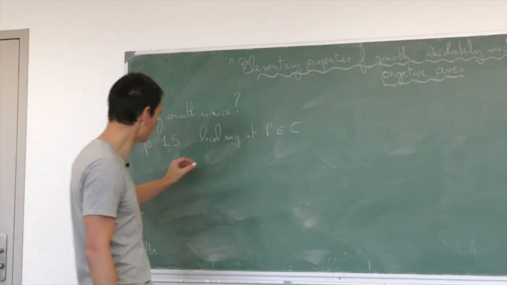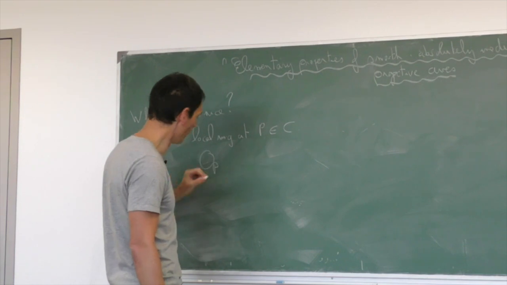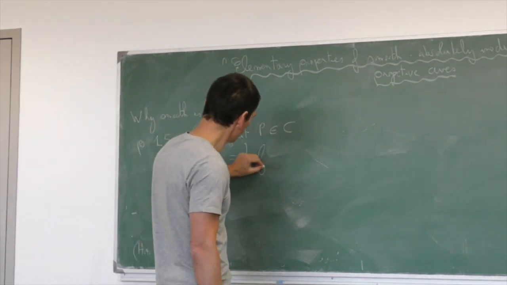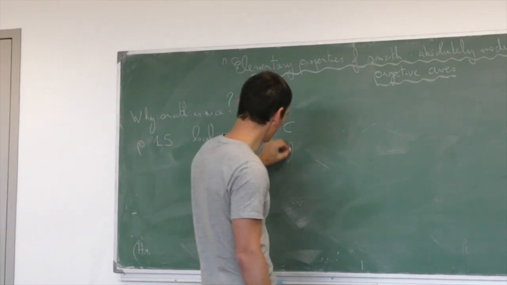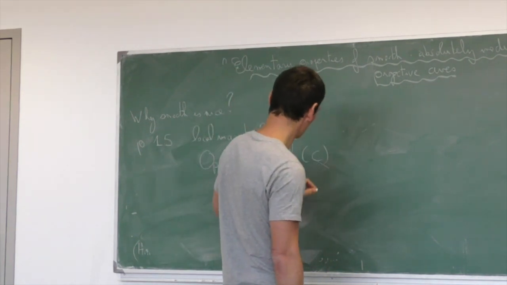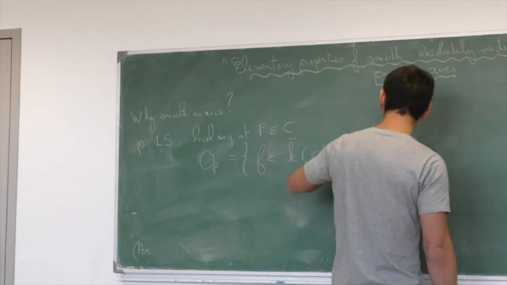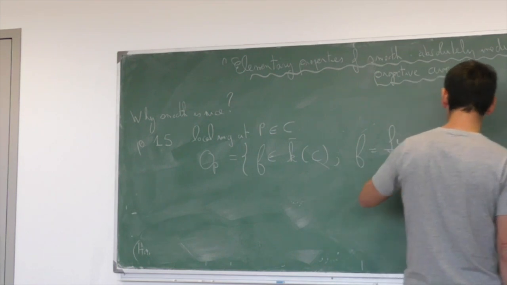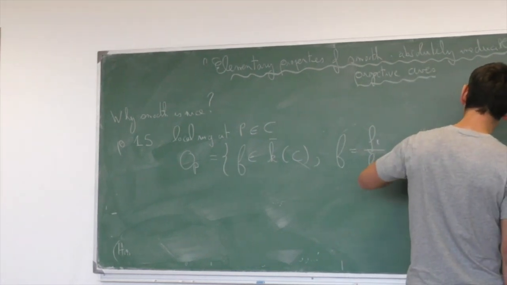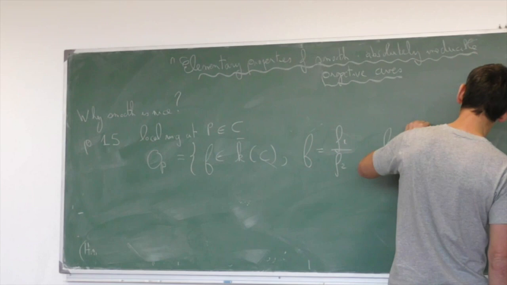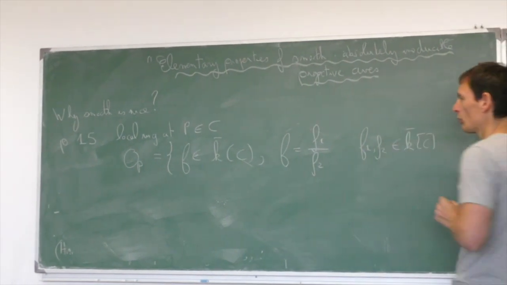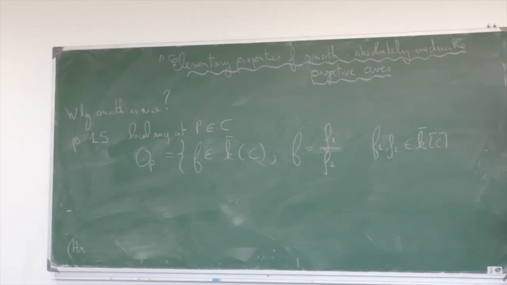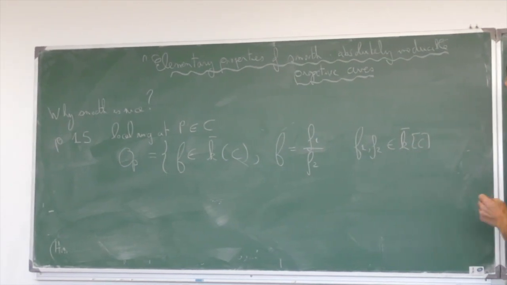And the local ring, which is denoted OP in the course, is going to be the set of all the functions on the curve, such that you can write f as the quotient f1 over f2, where f1, f2 belong to the coordinate ring, sorry, and here I'm really speaking about affine curves.